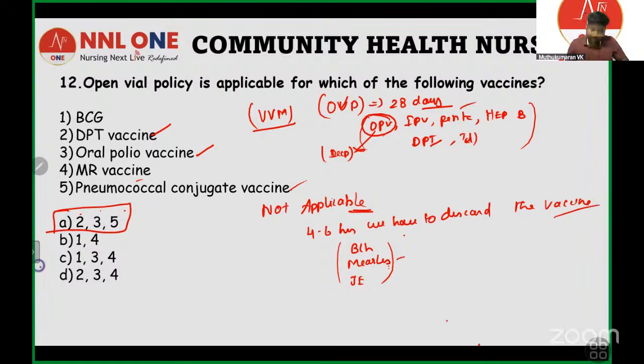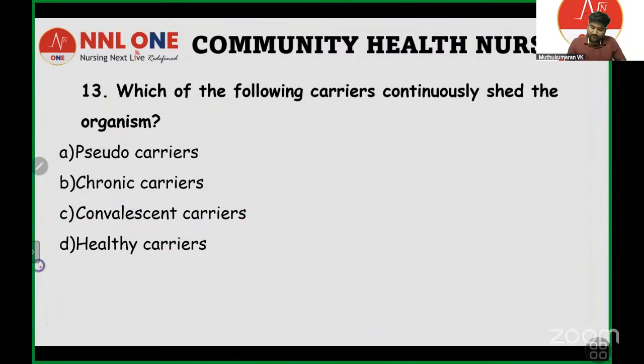Okay. Now we are going to see the next question. Which of the following carriers continuously shed the organism? So now I will give you enough time. Pseudo carriers, chronic carriers, convalescent carrier, healthy carrier.